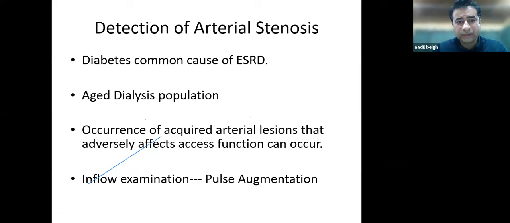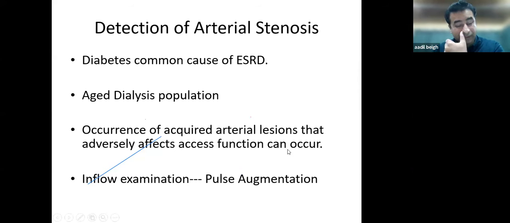Arterial stenosis is common because of age, but once there's a maturation of the fistula, these things occur less. So the venous system is the commonest thing that happens to the AV fistula.